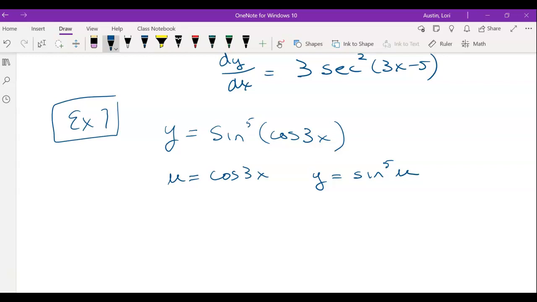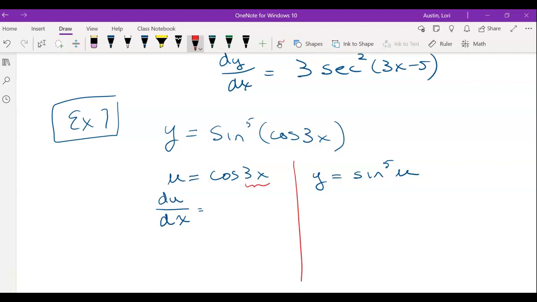This one's actually like 4 chain rules, believe it or not, because to get du dx, wouldn't I have another embedded function here? But we can do that one.